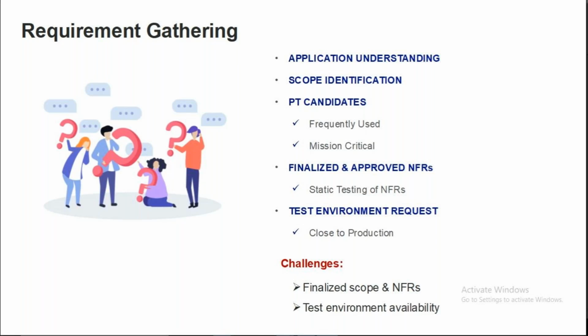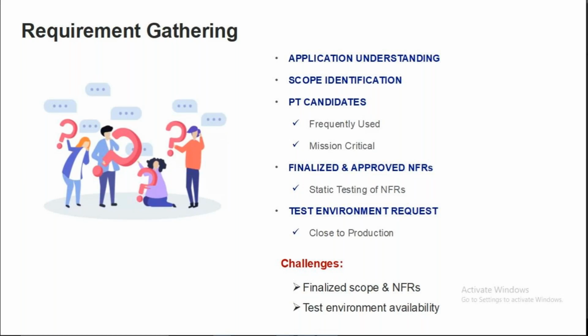Now, what do you mean by mission critical, guys? It means if that scenario is not working, it will block the other functionalities of the application, or other functionalities will not work correctly. Or it could also be whichever scenarios are very important for the business.